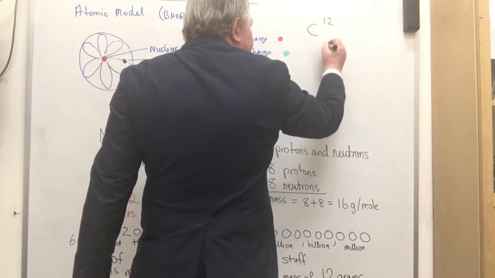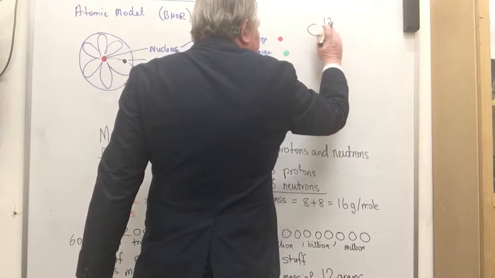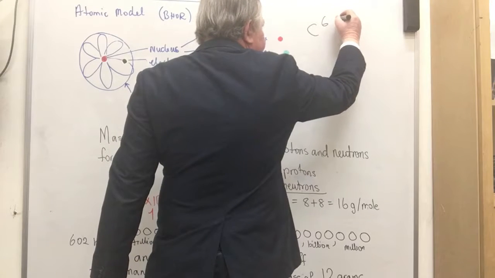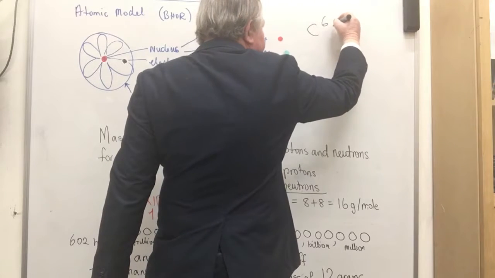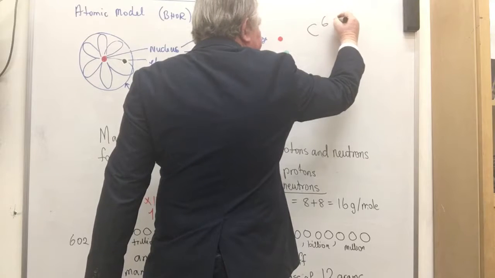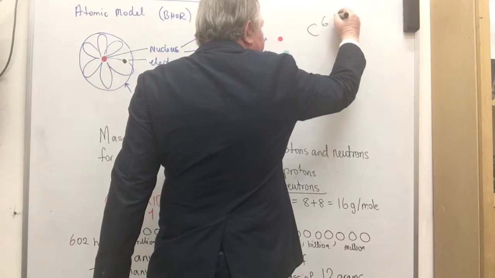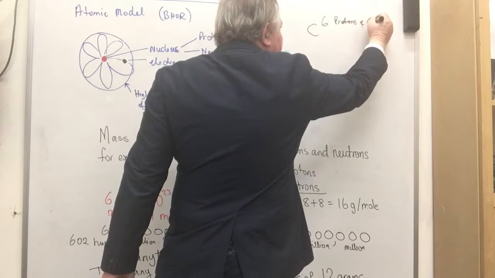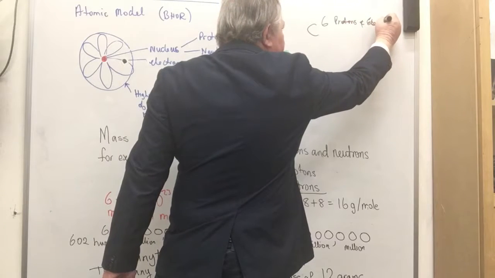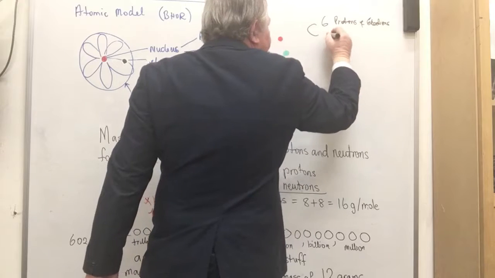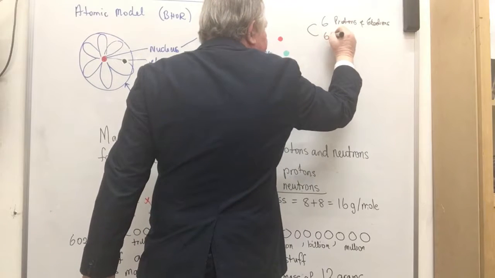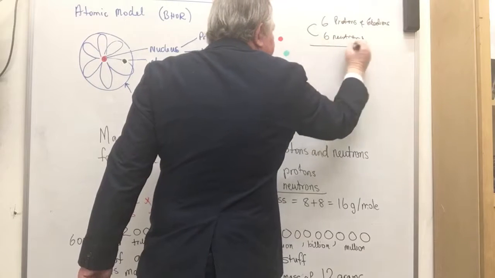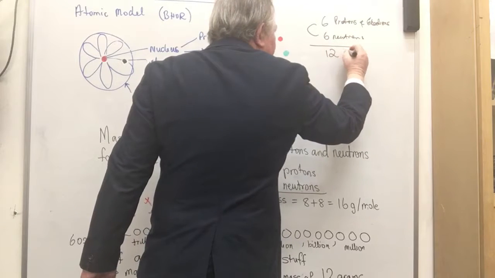carbon 12. Okay, so carbon's got 6, so carbon 6 has 6 protons and electrons, and 6 neutrons, which makes it 12 altogether.